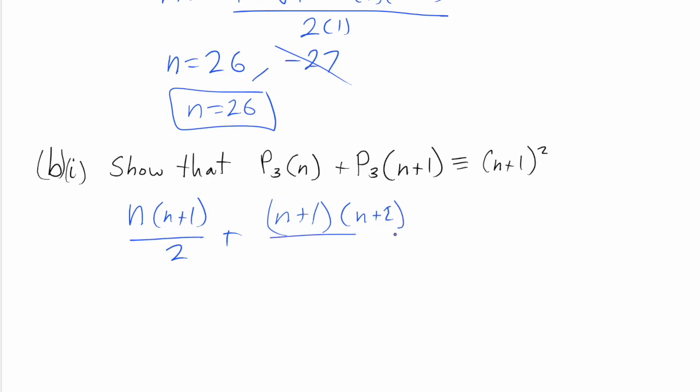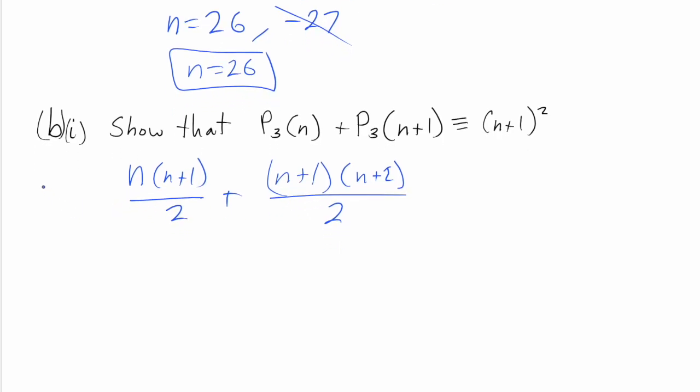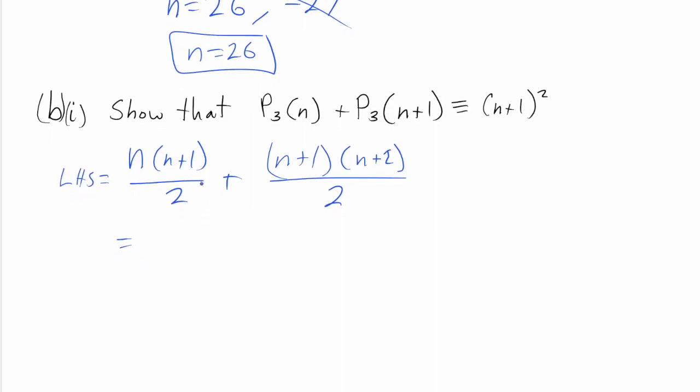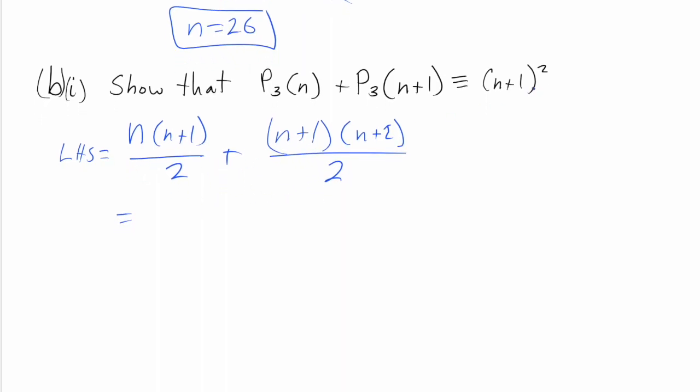N plus 1 plus 1, n plus 2, right? So actually, I guess I should have written this first. It's called left-hand side equals that. Yeah, so we already have a common denominator. We just add these together and then simplify, and we should get that.